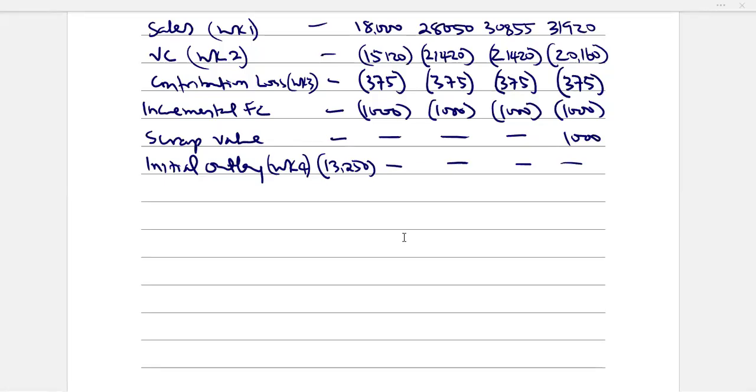Then the second paragraph: market research recently carried out at a cost of 1.5 million naira, payable at the end of year 1, indicates a unit selling price. So we have market research payable in year 1 of 1,500,000. Relevant or irrelevant? It's relevant. Why is it relevant? It's a committed cost.